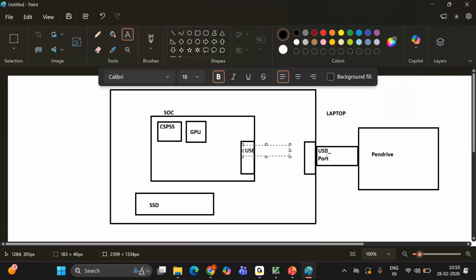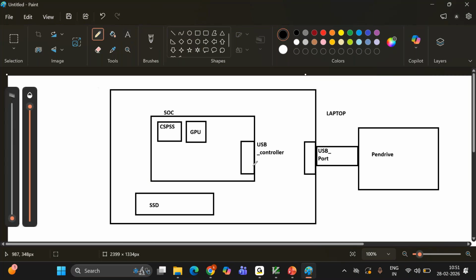Because it's a USB port, so we use a USB controller. Now the connections from here to here happen through copper wires.